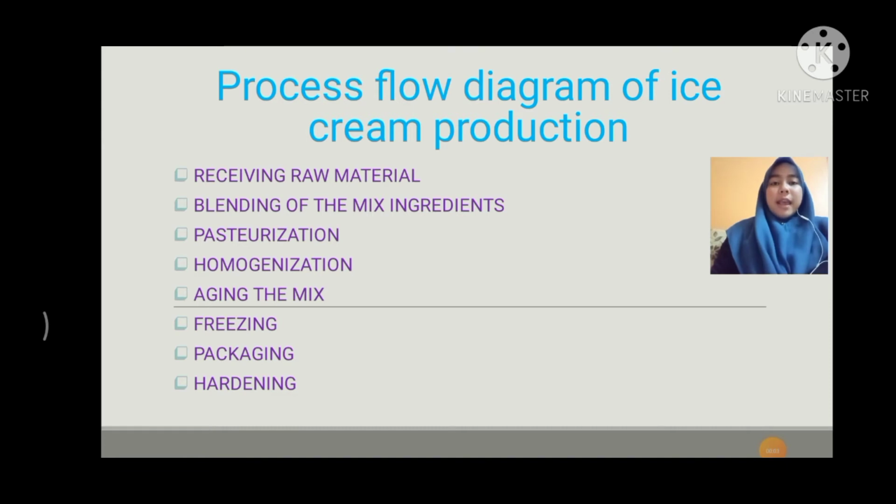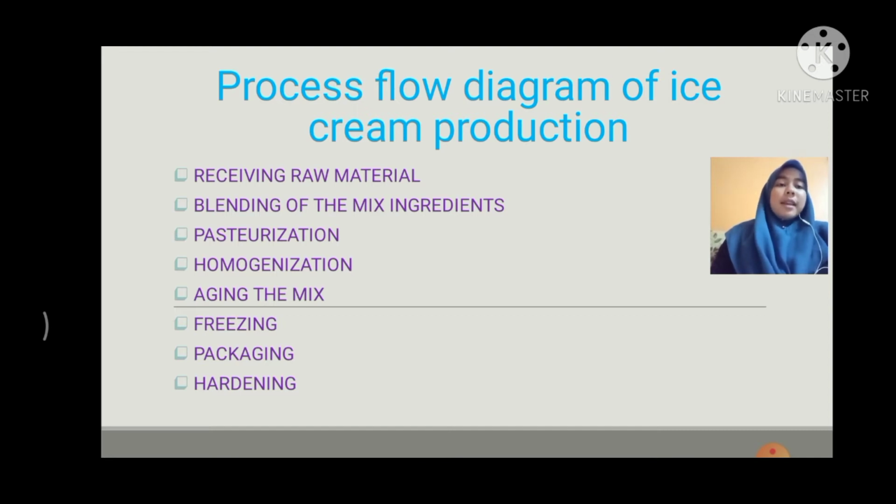After that, aging the mixture. In this stage, the mixture will age for at least 4 hours or overnight to make the fat cool down and crystallize, and also to make the protein and polysaccharide fully hydrate.